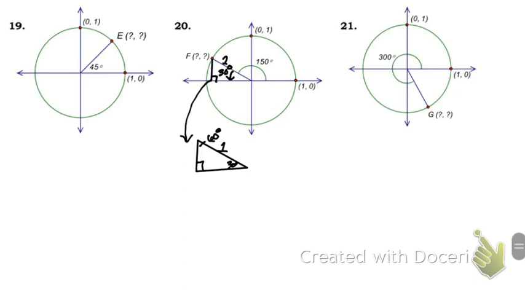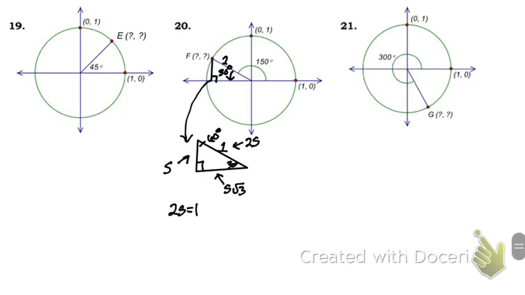Now with 30, 60, 90, we go ahead and mark it with some variables. I'm just going to pick S. So the side across from 30 is S. The side across from 60 is S square root of 3. And the one across from the 90 is just 2S. So I'm looking at 2S pointing to that 1. That means that 2S equals 1.